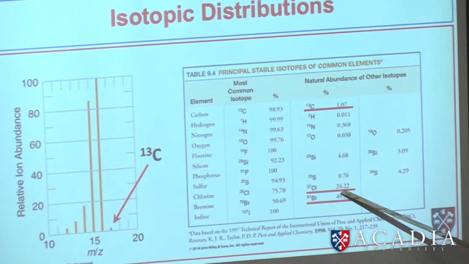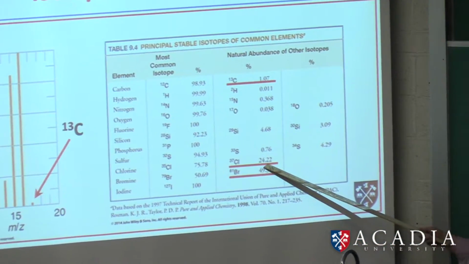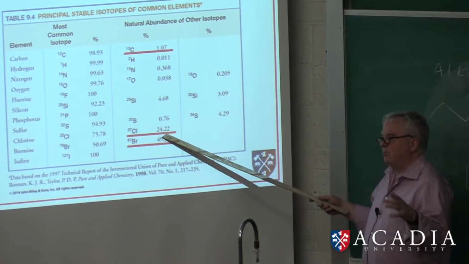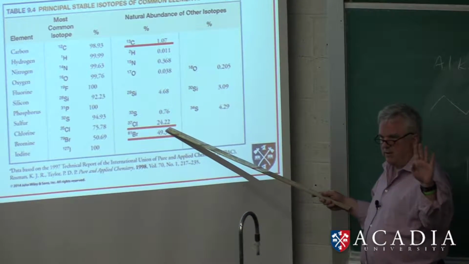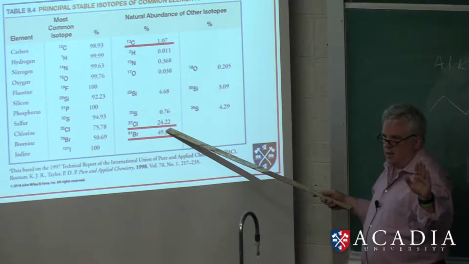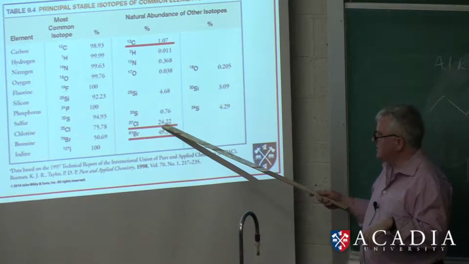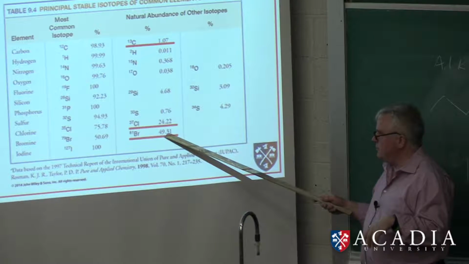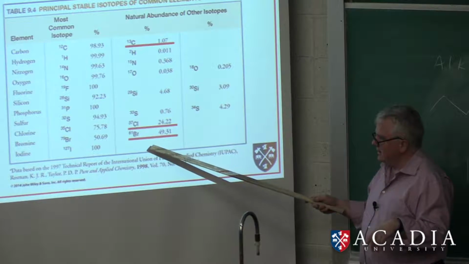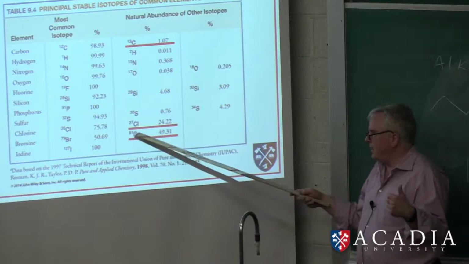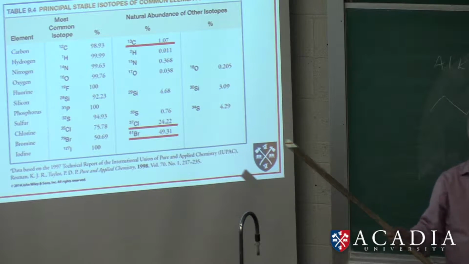So we would expect to see a significant, what we would call M plus 2. So that's the parent radical cation plus 2 atomic mass units because of this isotope. And for bromine, we expect to see that the peak due to whatever bromine has 79 and whatever has 81 to be about the same.